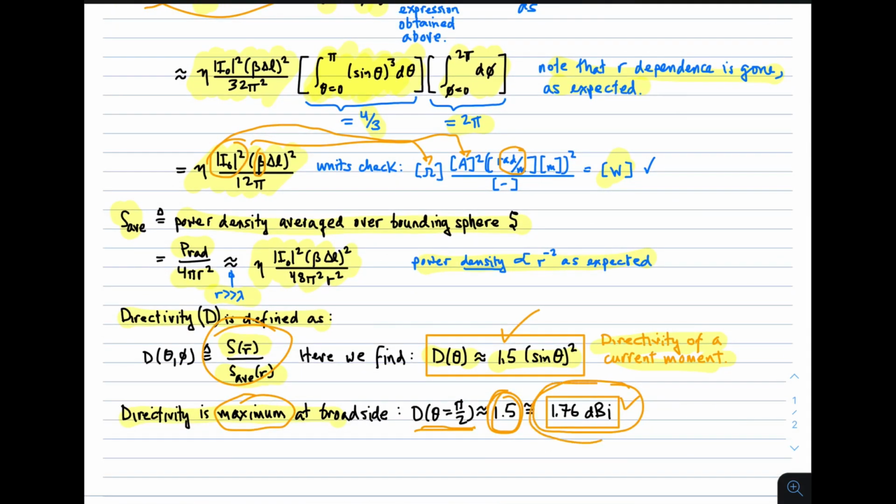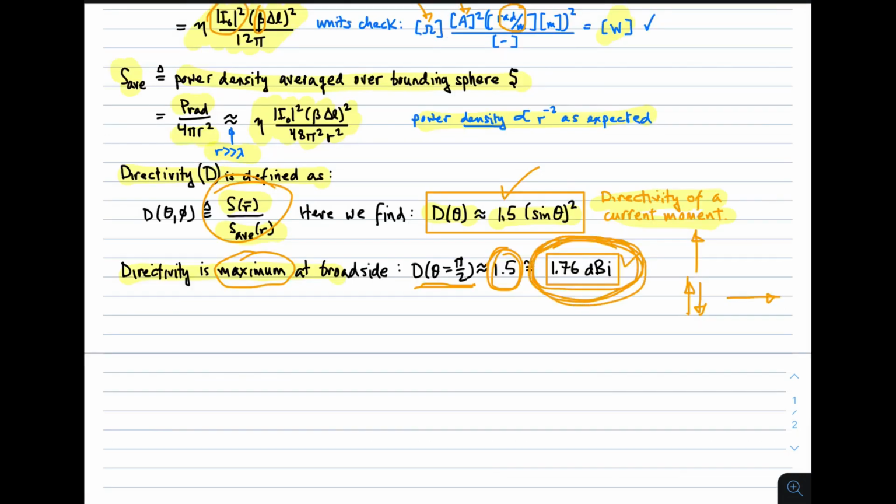One final note here is this number, 1.5 or 1.76 dBi, is effectively the lowest directivity you can achieve. So worth knowing that when you have real-world array elements in a big array, it's unlikely that those array elements will ever have a maximum directivity of less than approximately this number.